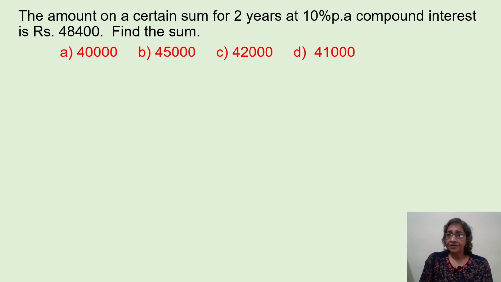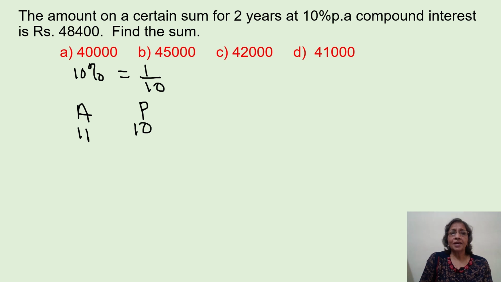The amount is given to you and you have to find the principal. Okay. So let's take a similar method. We need to find the principal. So I'm taking 10% would be 1 upon 10. The amount here is going to be 11 and principal would be 10.